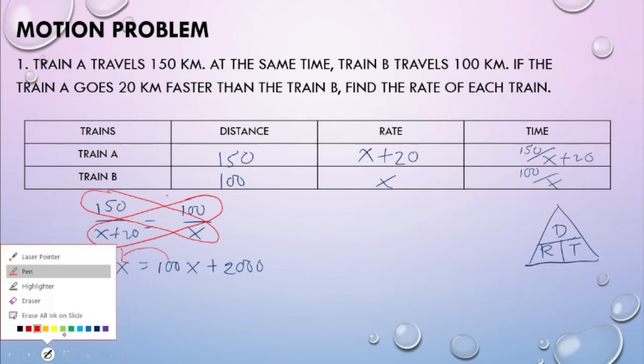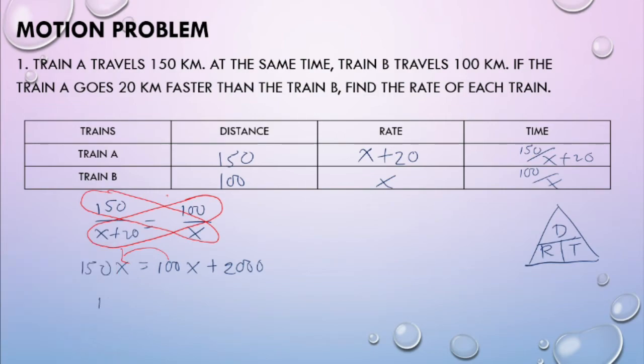So, this will become 150x minus 100x equals 2,000. Then, simplify. 150x minus 100x is 50x equals 2,000. Then, you can just divide both sides of the equation by 50 para makuha natin yung x.